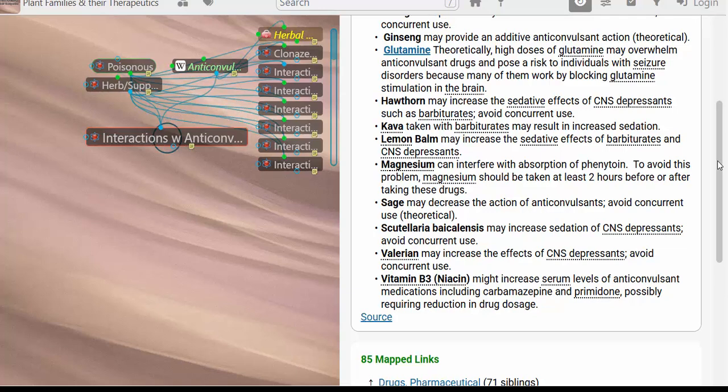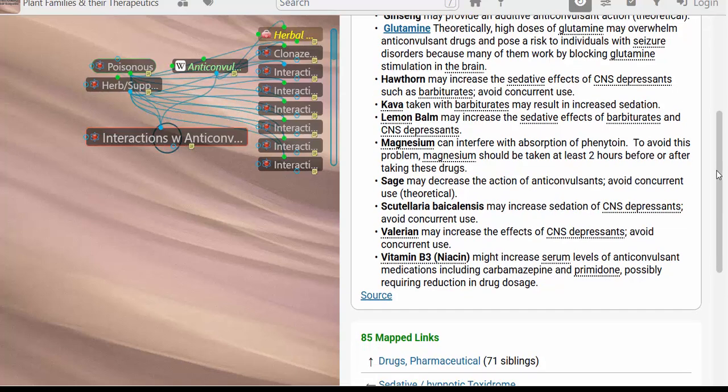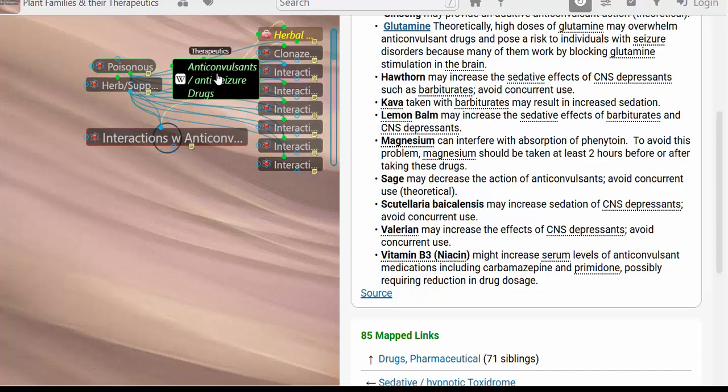Baikal skullcap can increase sedation of CNS depressants. Avoid using at the same time. Valerian can increase the effects of CNS depressants. Avoid during concurrent use. Niacin can increase serum levels of anticonvulsant medications, possibly requiring a reduction in the drug dose.